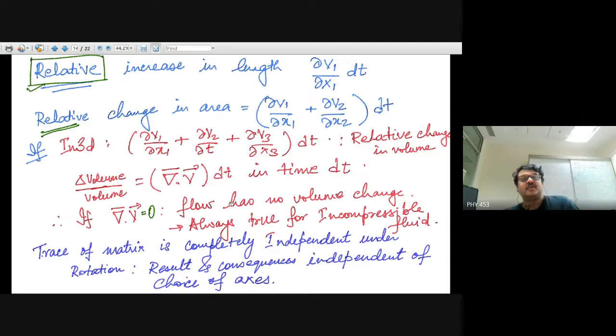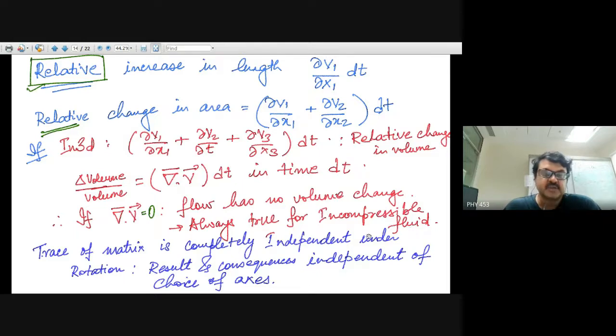The relative change in volume can be calculated by the divergence of v into dt in time dt. If divergence v was equal to 0, the flow has no volume change. There might be a deformation, but there is no volume change if divergence v equals 0, which is anyway always true for incompressible fluids.